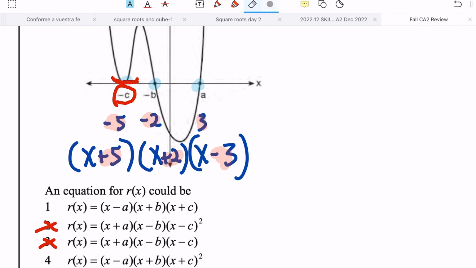But in this case, we don't see that, so we could eliminate 4. Okay, but if you were to see something like that, where it stays longer on the x-intercept, we would have picked choice 4. But since that is not the case, we're going to go with choice 1.